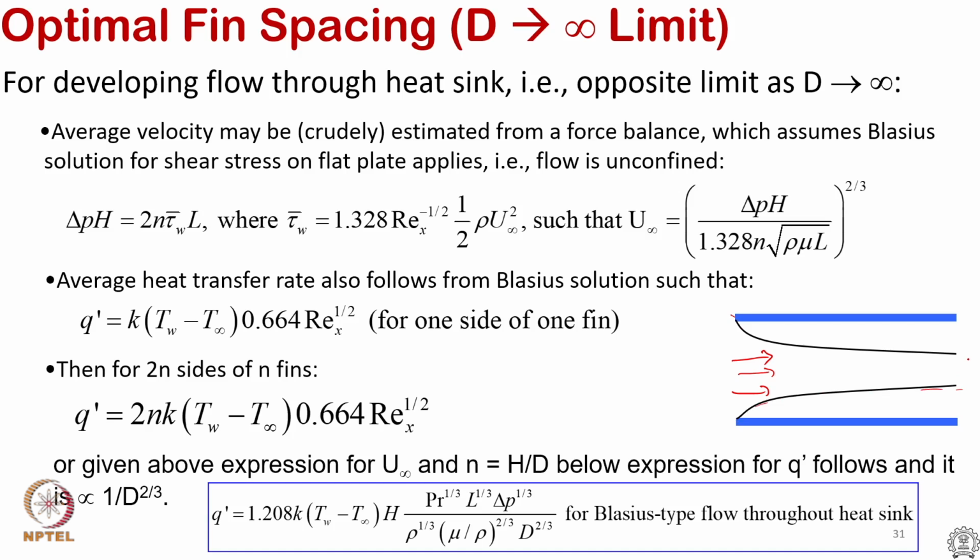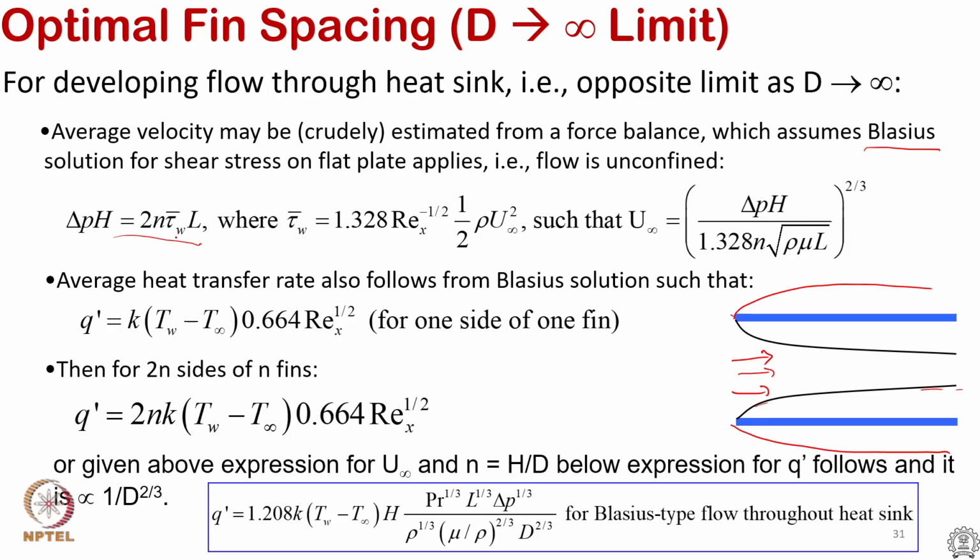So with that, one can use the Blasius solution, and with the Blasius solution one gets this expression for wall shear stress, with a factor of 2 because you develop a boundary layer on both sides. So a single plate will have two boundary layers, which is acknowledged here in terms of the factor of 2.